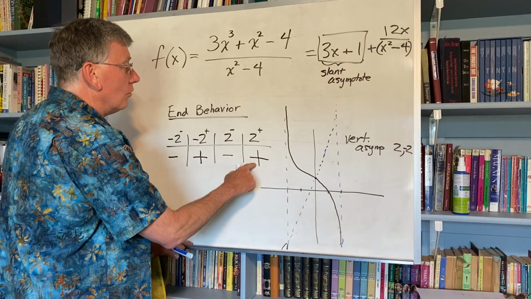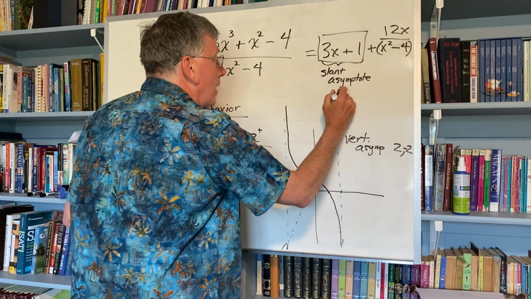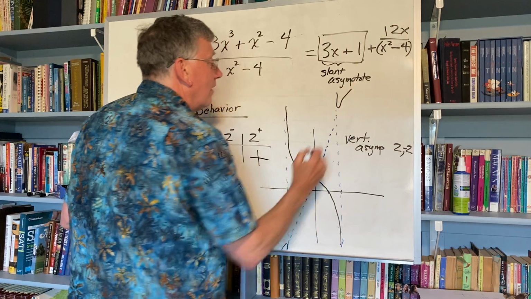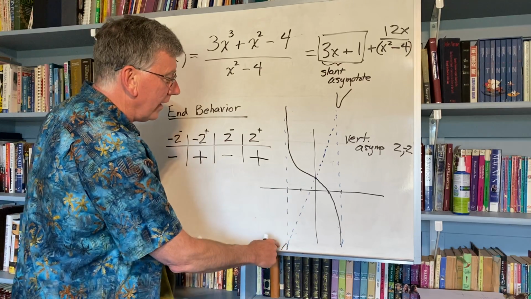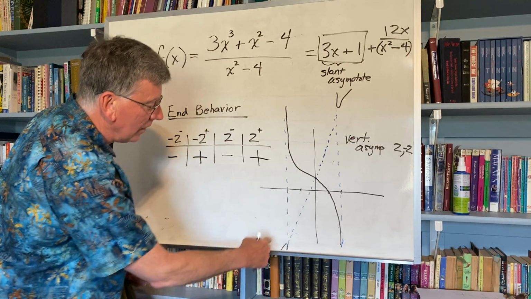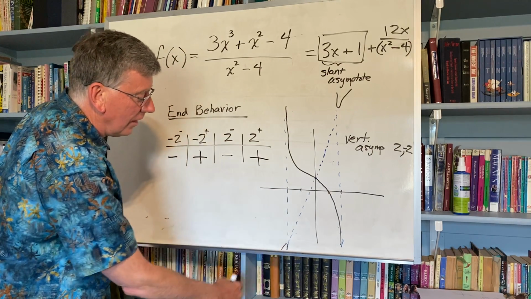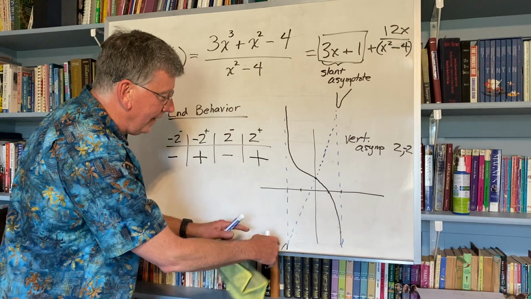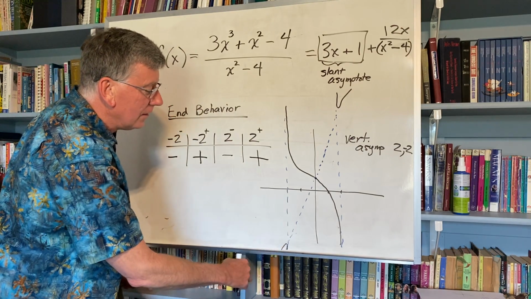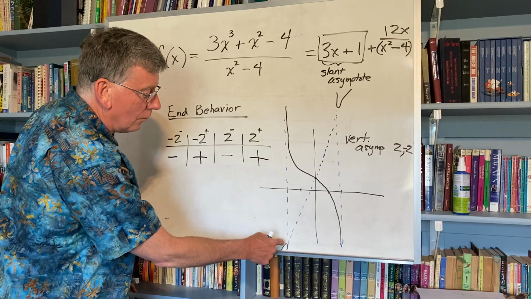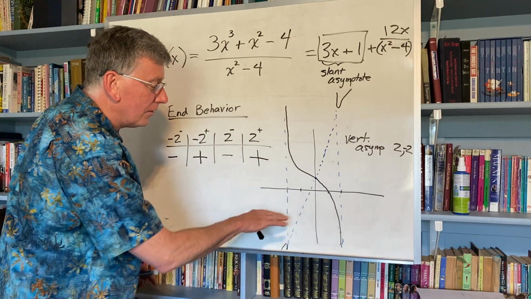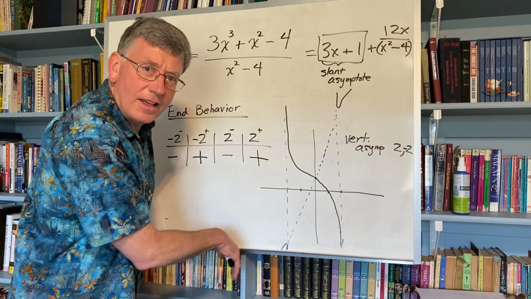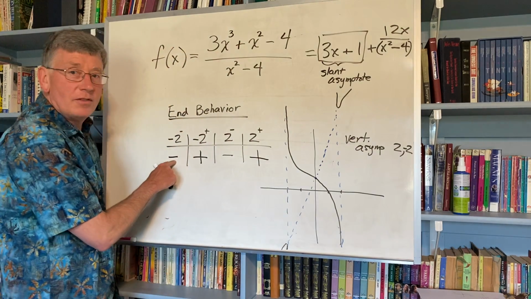And finally, when I do 2 plus, I'm going to be doing this kind of thing. I wish I hadn't drawn it quite like that. This is going to be coming in kind of a slanted V in the crook of these two asymptotes here. But it's always going to be lower than these asymptotes because of that.